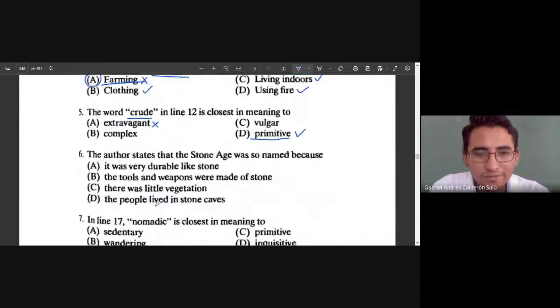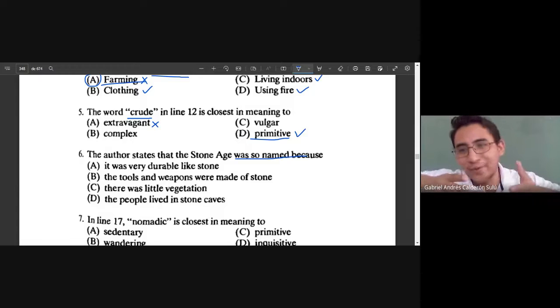Just to confirm. Then the author states that the Stone Age was so named because, remember, ignore the options. Don't look at the options. So the question is, why is the name of the Stone Age? Sometimes you have to make the question of the question.